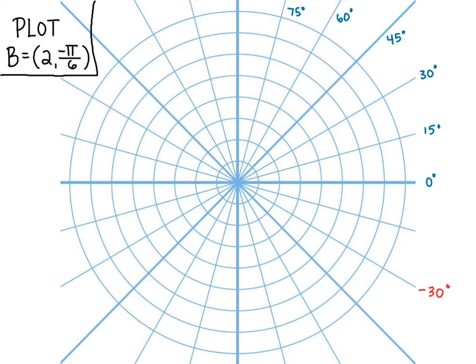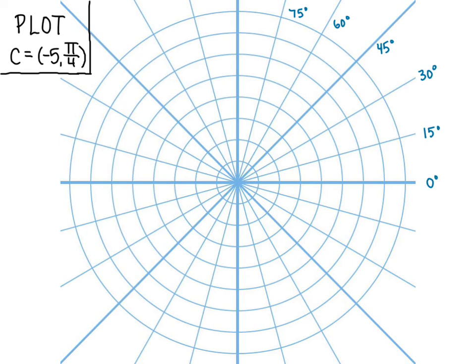And so what we want to do is rotate our axis to negative 30 degrees. And then where do we draw our point? Well, we have r equals 2, so that's going to be right here. So this is the point B equals 2, negative pi over 6. We had to rotate clockwise this time because the angle was negative.